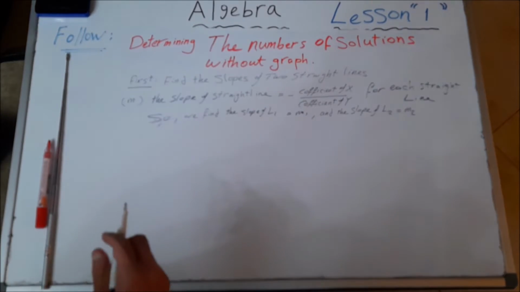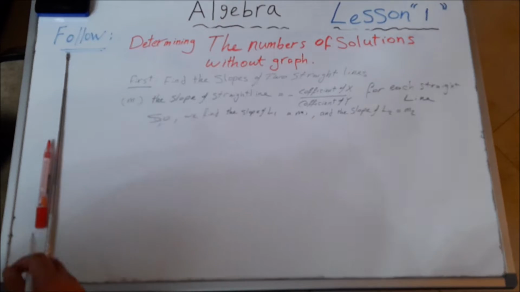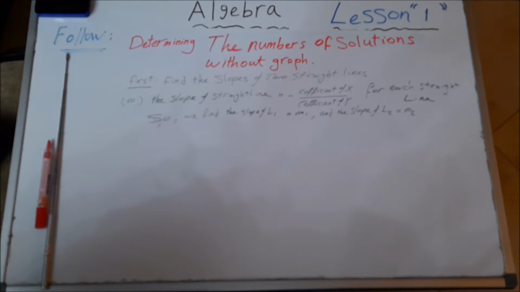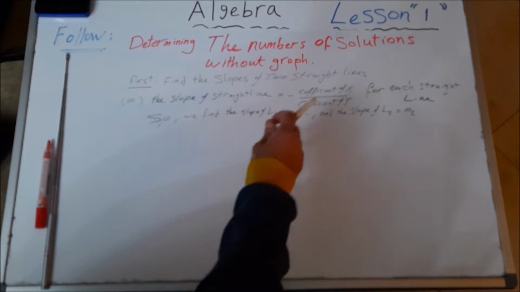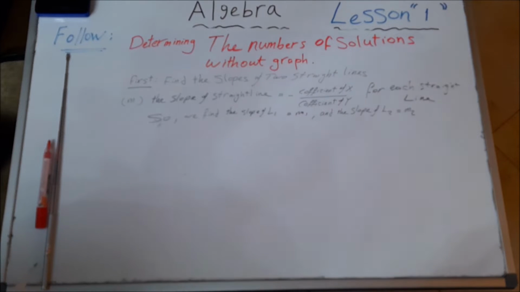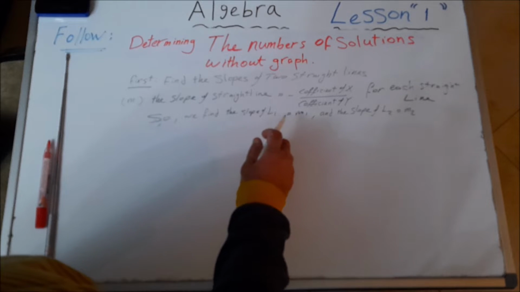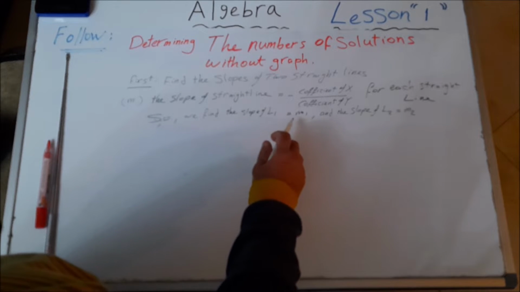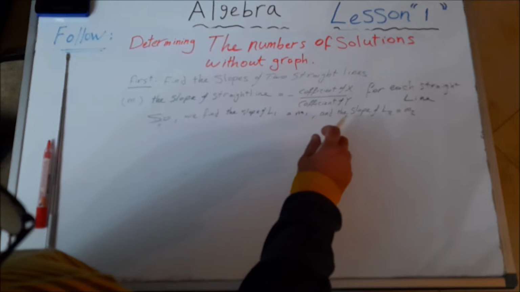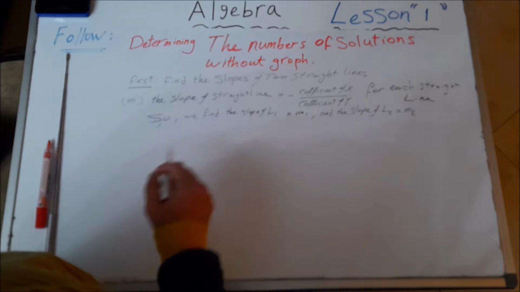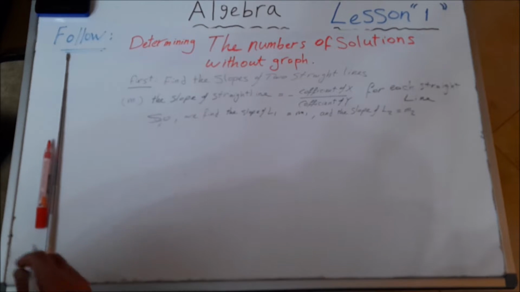We denoted that the slope of a straight line with M. We can say that M equal minus coefficient of x divided by coefficient of y. So we find the slope of L1 اللي هو straight line 1 equal M1 and the slope of L2 اللي هو equal M2.